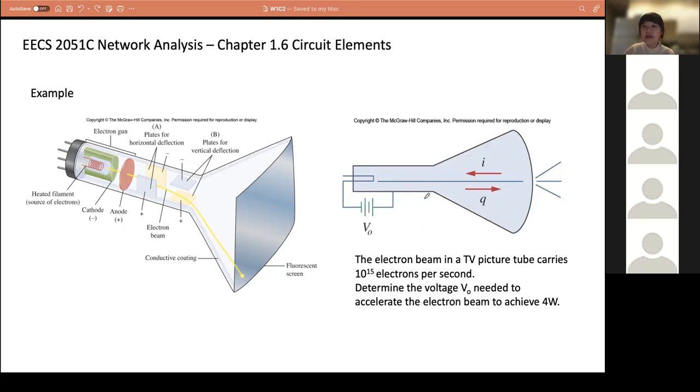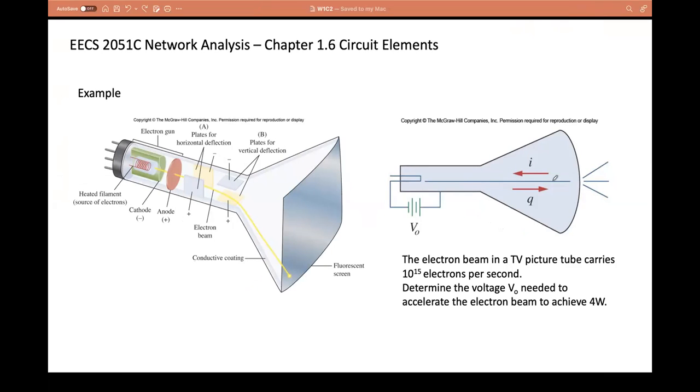Let's determine the voltage V0 needed in this circuit to accelerate the electrons, so we can achieve a power of 4 watts. I'll give you 2 minutes to calculate what the voltage V0 needed here is to achieve a power of 4 watts.